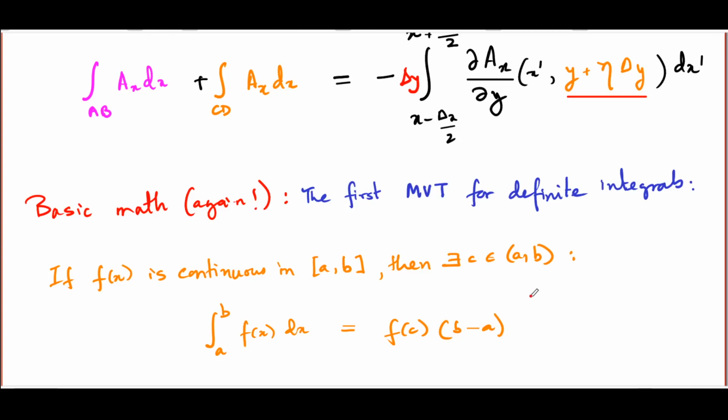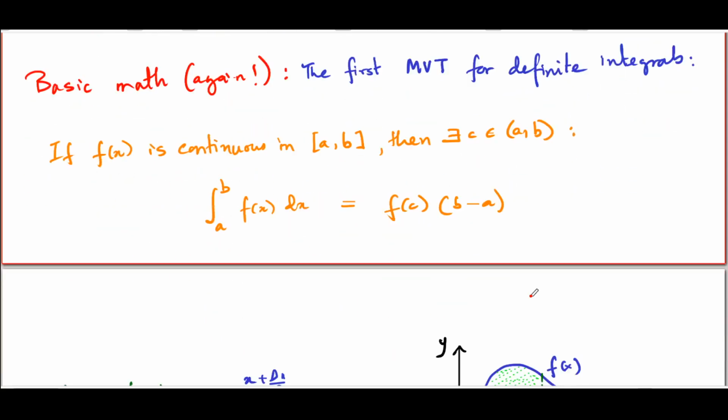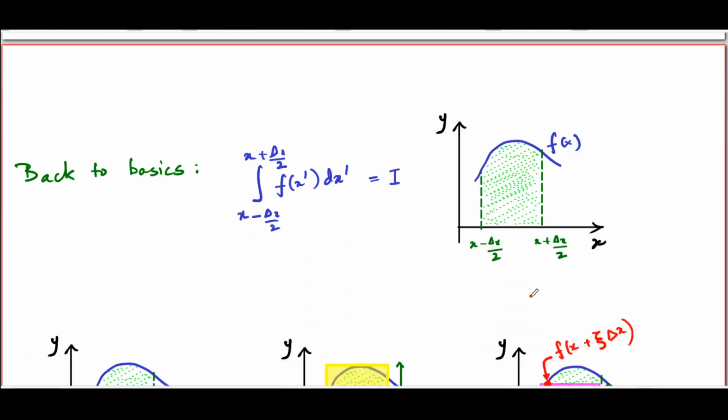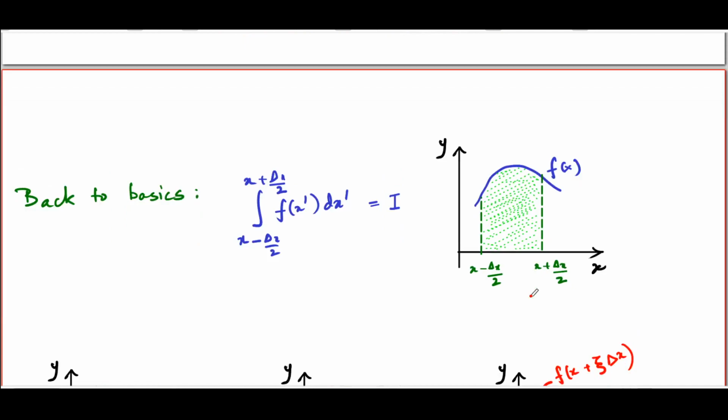Now we could use this theorem directly, but I want to take a slightly different route here. I want to give a justification as to why this particular theorem should be true, and it's very easy to actually justify from basic geometrical meaning of what an integral is.